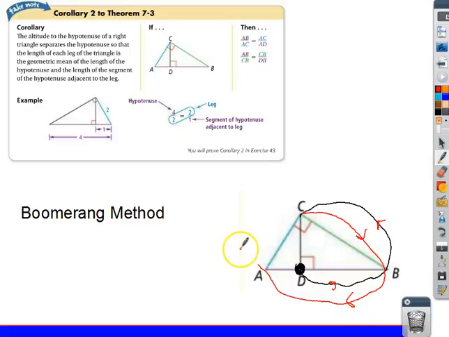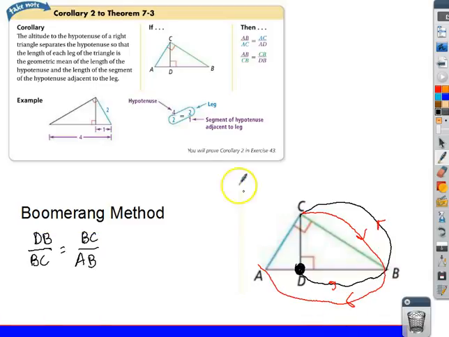The boomerang method. So here's how I'm going to set up the proportion based on that. I started at the center, and I went towards B. So that is DB. Over, I went up to here, BC, and now my boomerang starts to come back, BC or CB, it doesn't matter, and then finally, my boomerang goes the entire length of the hypotenuse for AB.